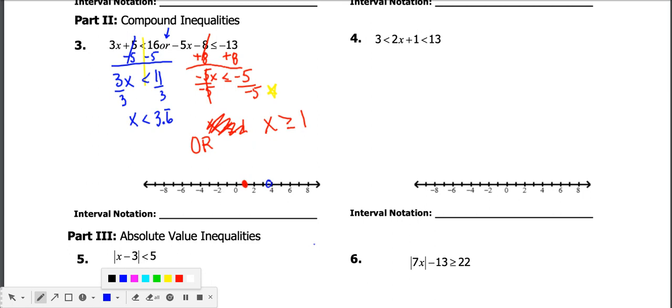But you notice that our OR statement actually could change into an AND statement based on the fact that we flipped this particular inequality around the other way, and that's no big deal. So right here, what I'm actually going to do is this one will be shading less than this way, and this one over here will be shading greater than.